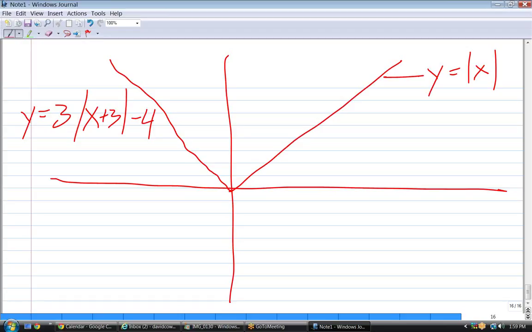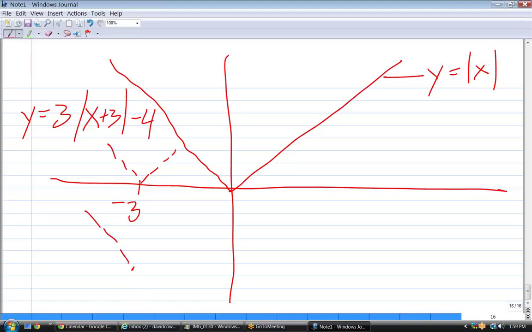So what's the first thing we want to do? What were our 3? We were going left 3, down 4. Let's do both of those first. All right. So we go left 3. That would put it like that. And then we take that and move it down 4.